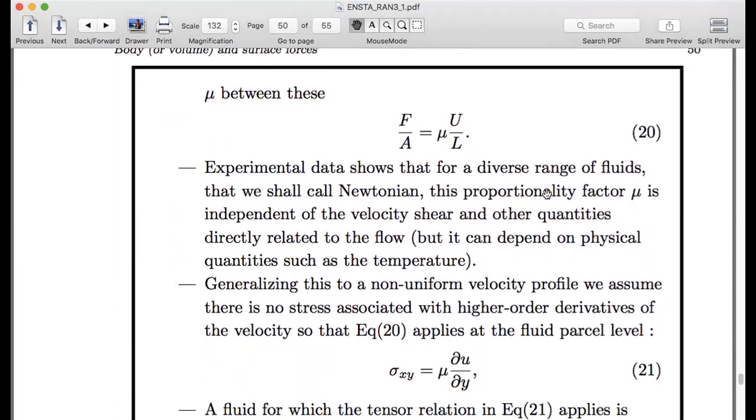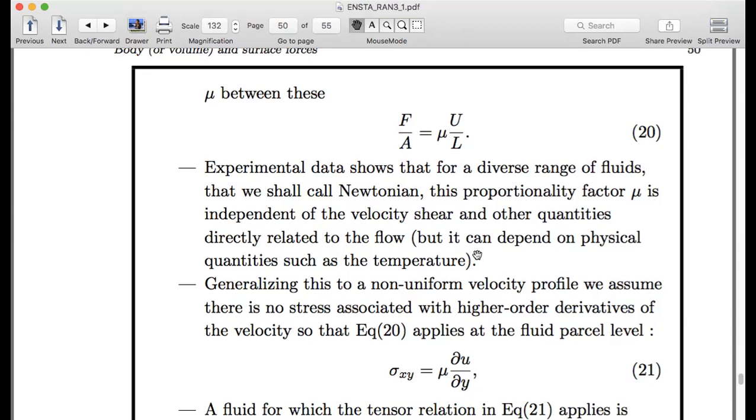Experimental data shows that for a wide range of fluids, so most fluids, this holds; they are Newtonian. Now, this dynamic viscosity parameter has to be stated: different fluids have different dynamic viscosities, but this proportionality factor mu is independent of the velocity shear and other quantities related to the flow.